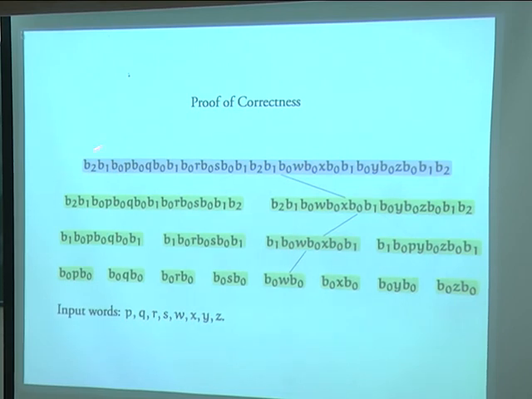So this is the root and this is the composed string. The claim is that this string has all disjoint factors if and only if one of those strings has k disjoint factors. Okay. So if you carefully look at this composed string, how do I get a factor of B2?